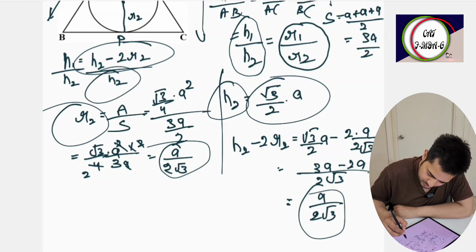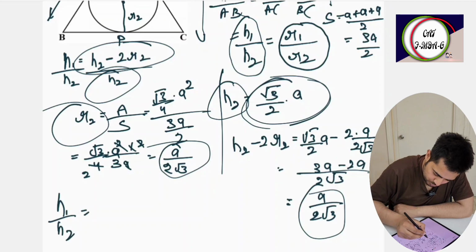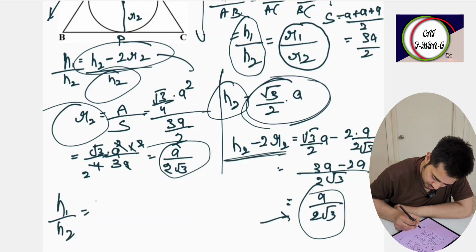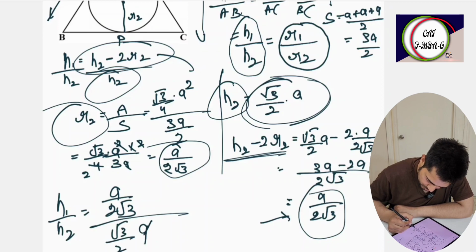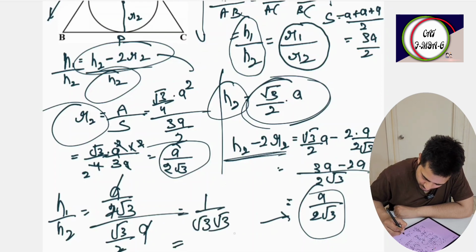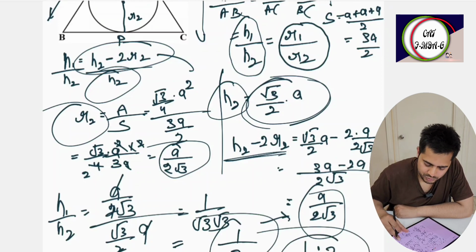H2 is root 3 by 2 A. So H1 by H2 is equal to A by 2 root 3 divided by root 3 by 2 A. So A gets cancelled, 2 gets cancelled. So 1 upon root 3 into root 3 is equal to 1 by 3. This is the ratio 1:3 of the radii or incenters.